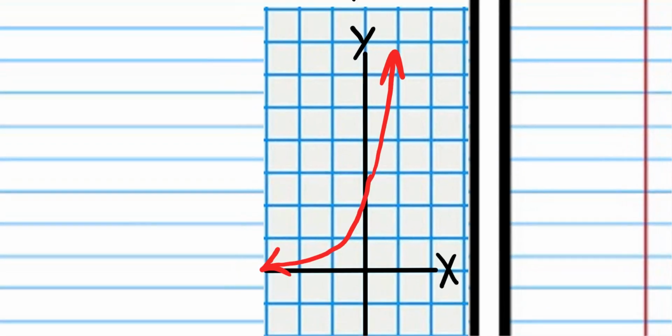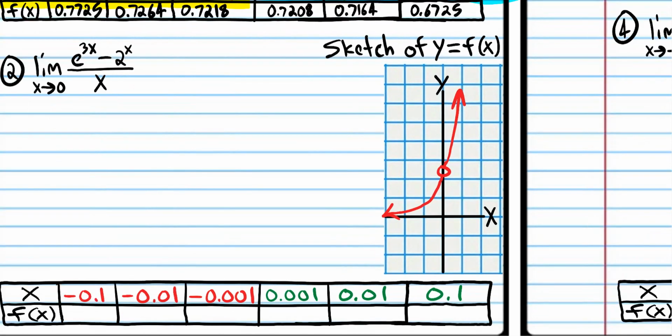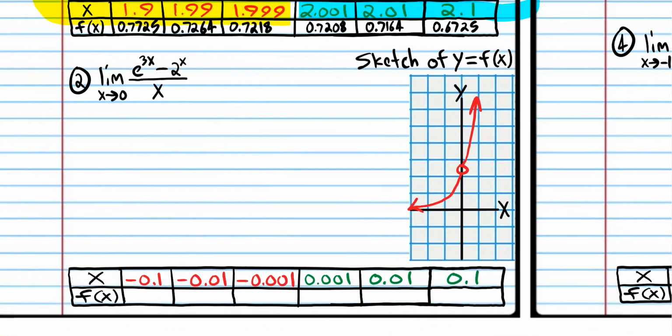So that means that when x equals 0, we should have a hole. So right around there should be a hole. I want to make that bigger than it needs to be just so we can see it.